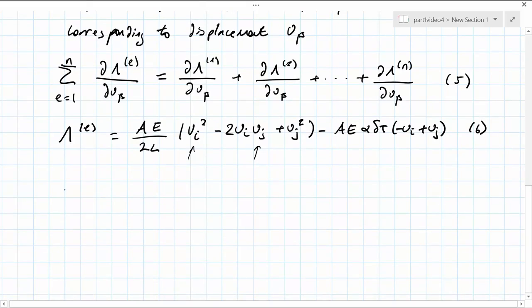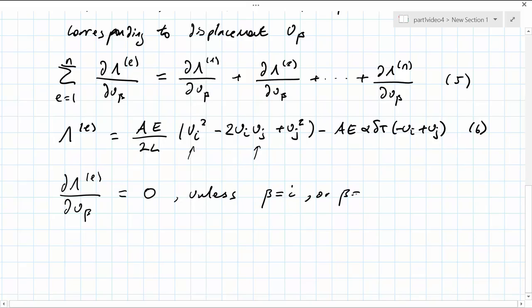We can conclude that the derivative of the elastic strain energy with respect to the beta displacement is equal to 0 unless beta is equal to I or beta is equal to J.